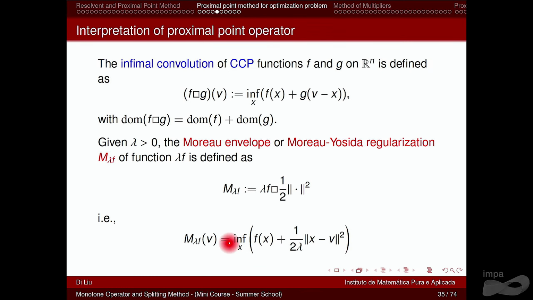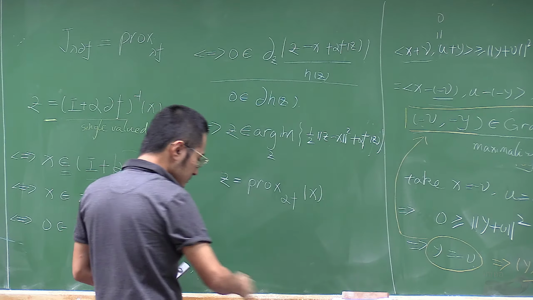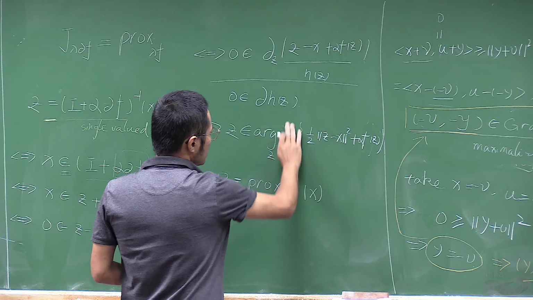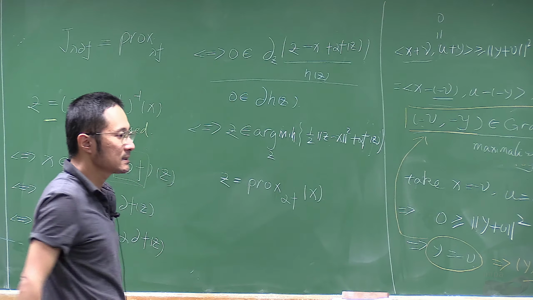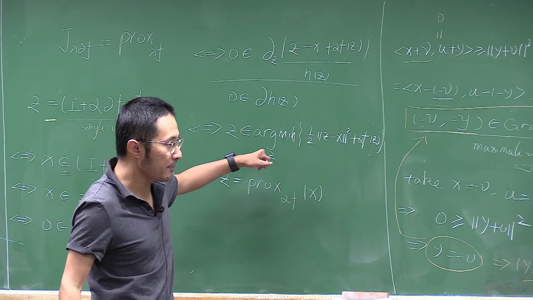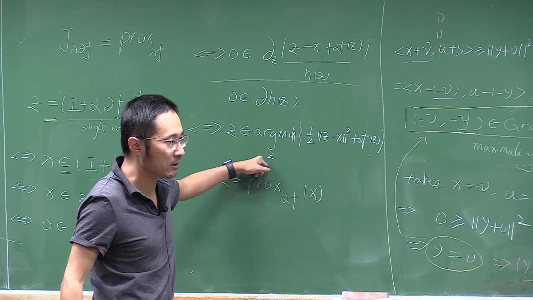Actually, this is very similar to the proximal operator, right? We say the proximal operator is defined by the argmin, but argmin in variable z.